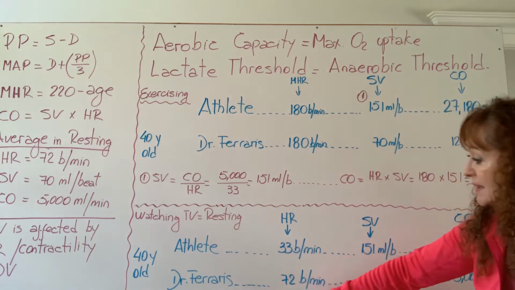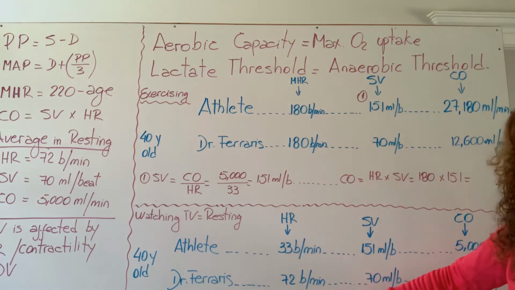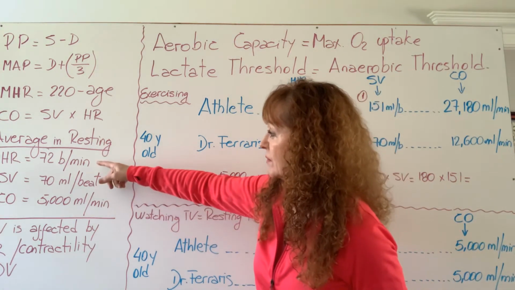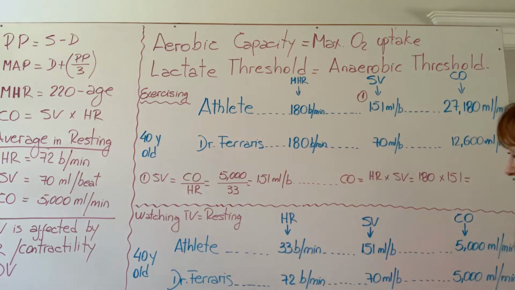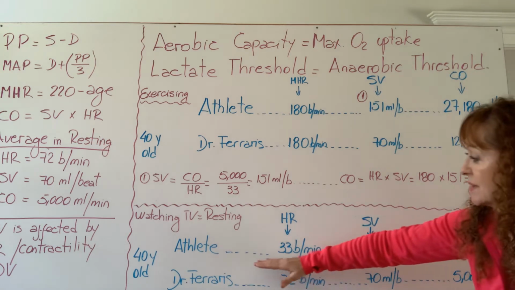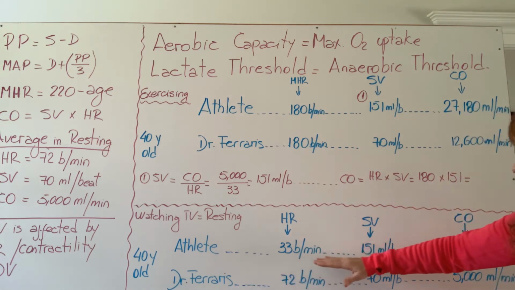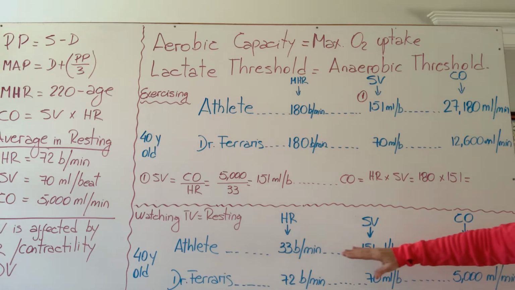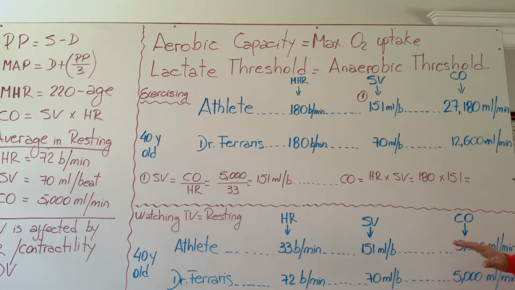And Dr. Ferrari's heart rate is the average that we have here, 72 beats per minute. So for the athlete, heart rate 33, stroke volume 151, and if you multiply one by the other, ideally it has to be 5,000 milliliters per minute.